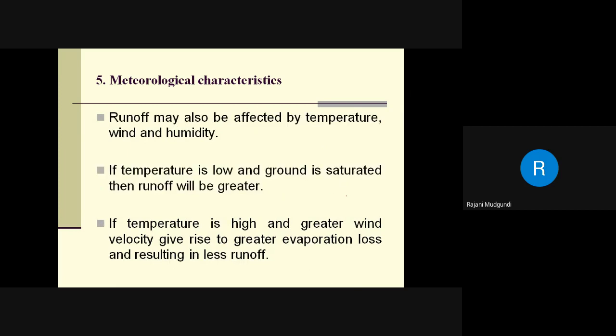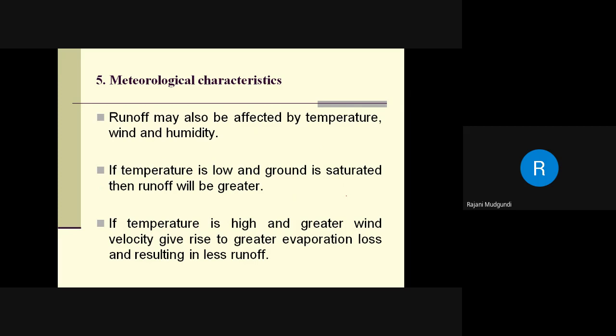Then meteorological characteristics, that is, meteorology related to atmospheric terms: temperature, wind, humidity, etc. Runoff may also be affected by these characteristics. If the temperature is low or cold and the soil is saturated, then the runoff will be greater.